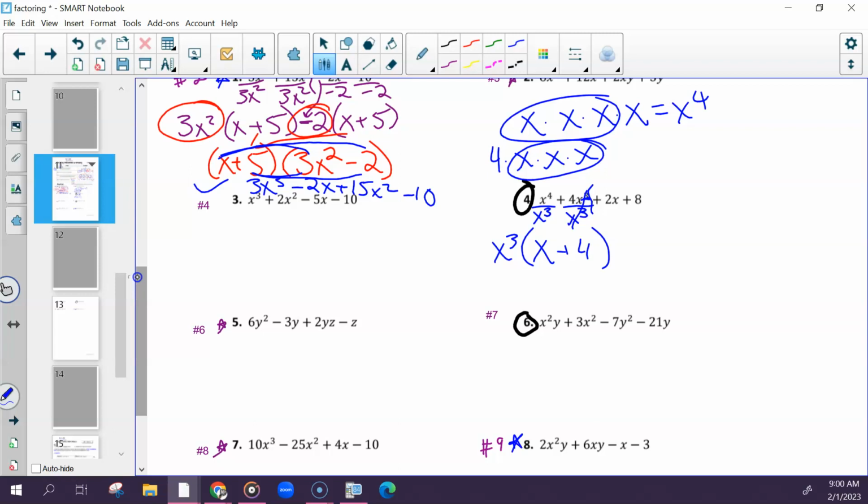Wait, why is it x plus 4? Because here we had 4 x's. We took out 3 of them. So there's only 1 left. Okay, so it's an x. Correct. Then for this one, 4x to the third, the 3 x's we took out, so there's just 4 left. Okay, that makes sense. Thank you.